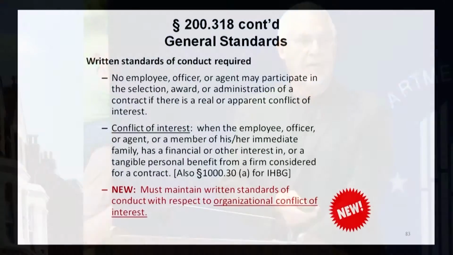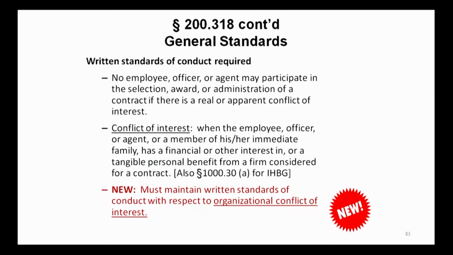And so you're required to establish written standards about how you're going to work with that organization that you have a special relationship with. So if you identify that you have a relationship with another organization like that, this is something you need to put on your to-do list to implement the uniform guidance. You're going to have to develop that policy.